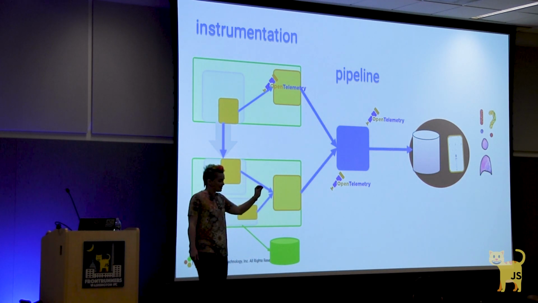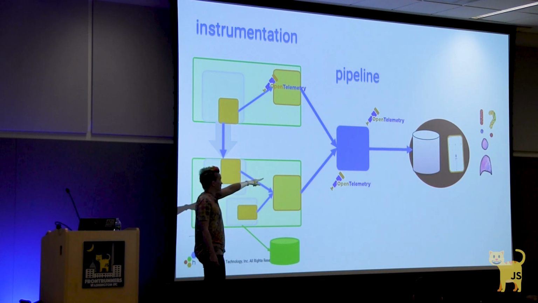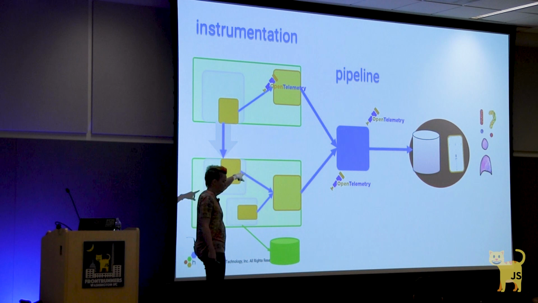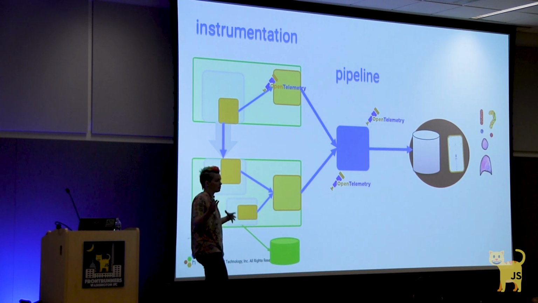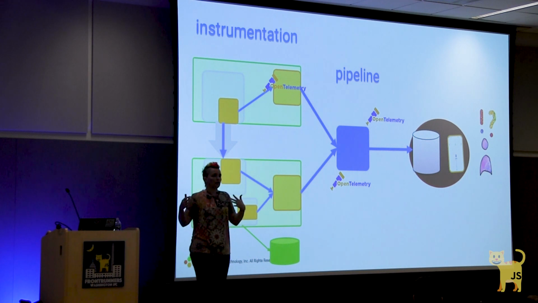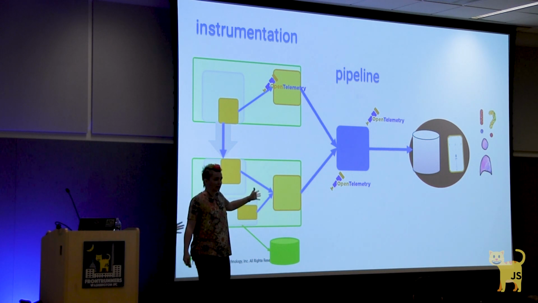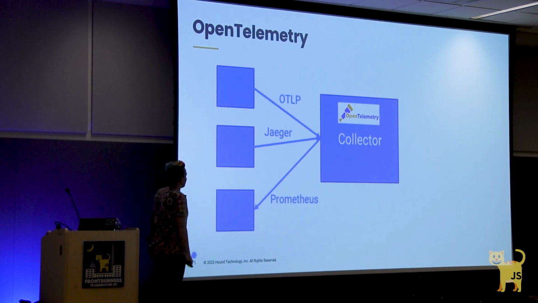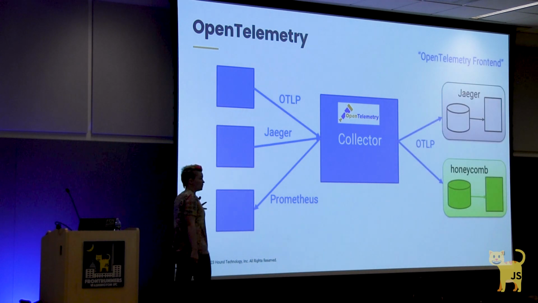That's the standardized protocol, and that is accepted by many different backends. The collector in the pipeline will also translate from Prometheus, from OpenCensus and OpenTracing and all the older standards. So there's a lot of compatibility stuff in OpenTelemetry. The collector accepts all these different formats, and also it can send out to multiple places.